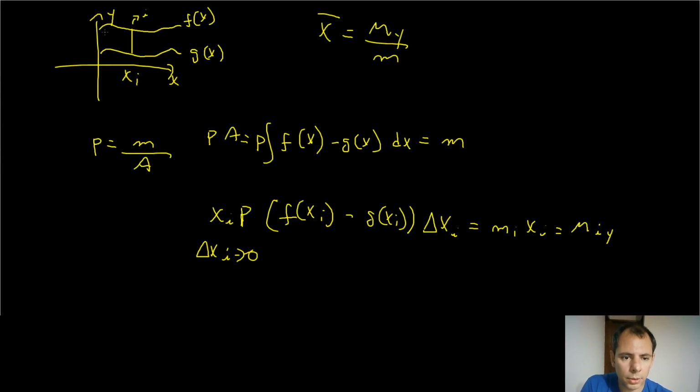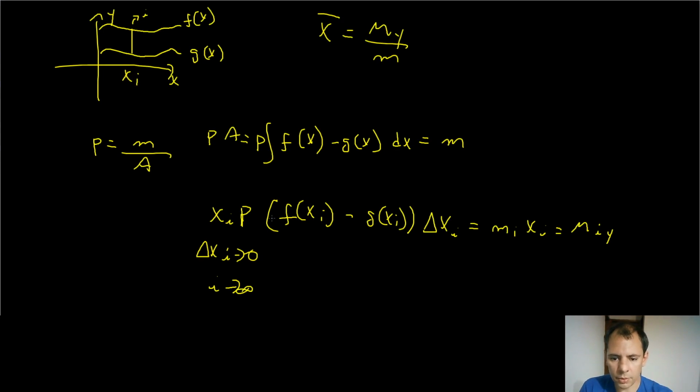You want to know the entire thing about this metal plate. So you have to do this for xi, for this, for this, for this. So all you have to do is integrate. You're going to sum this, and the number i is going to reach infinity.